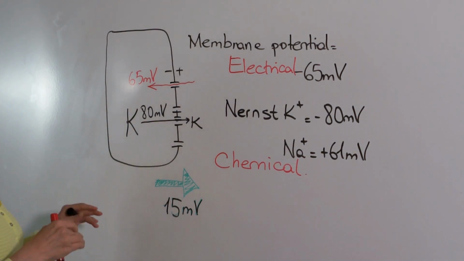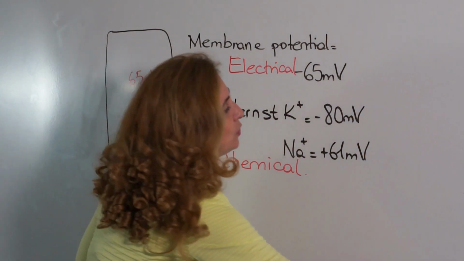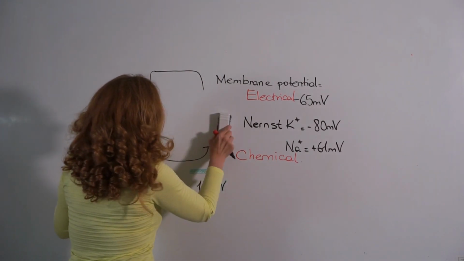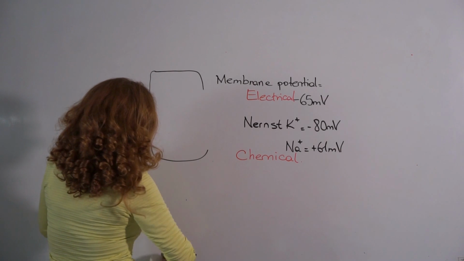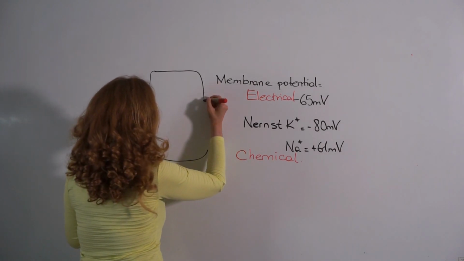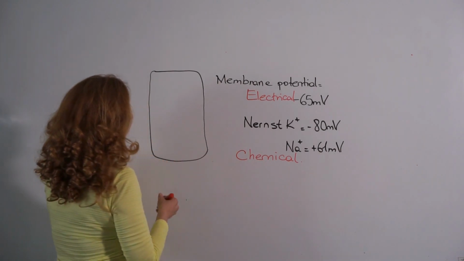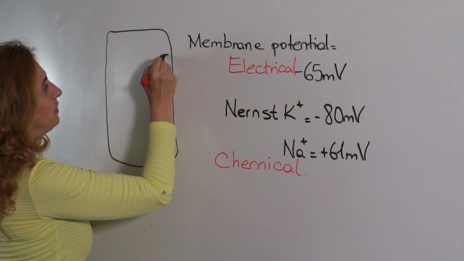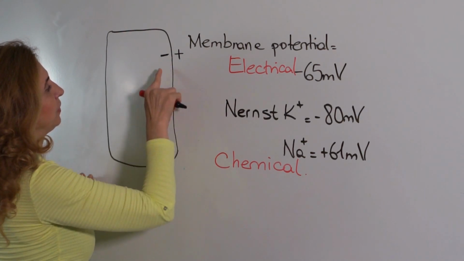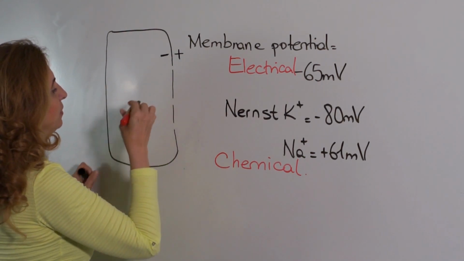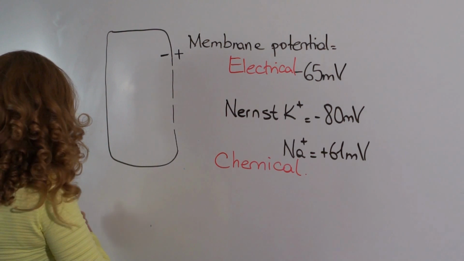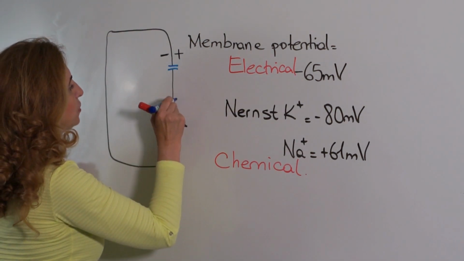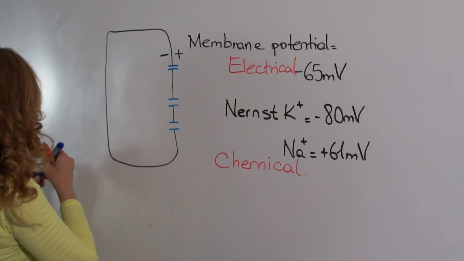Now let us repeat our example with sodium. Under the same conditions, the same cell has a membrane potential, negative on the inside and positive on the outside, and if channels, this time for sodium, open, what is going to happen?